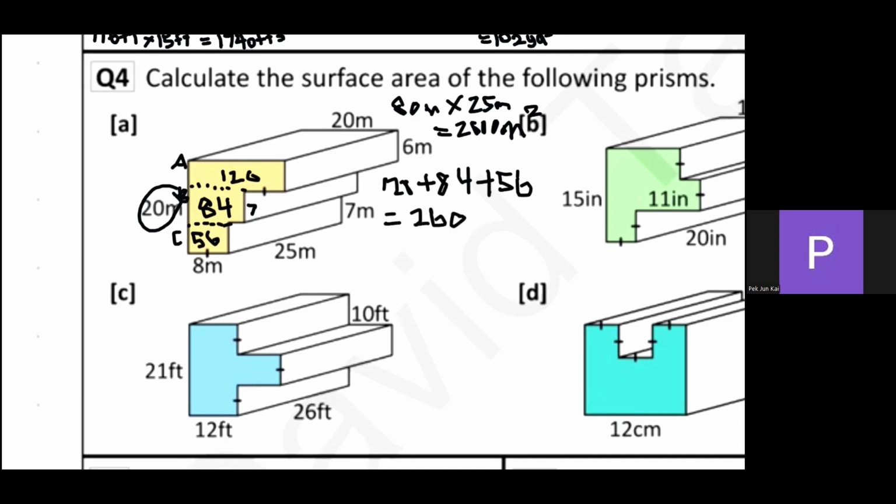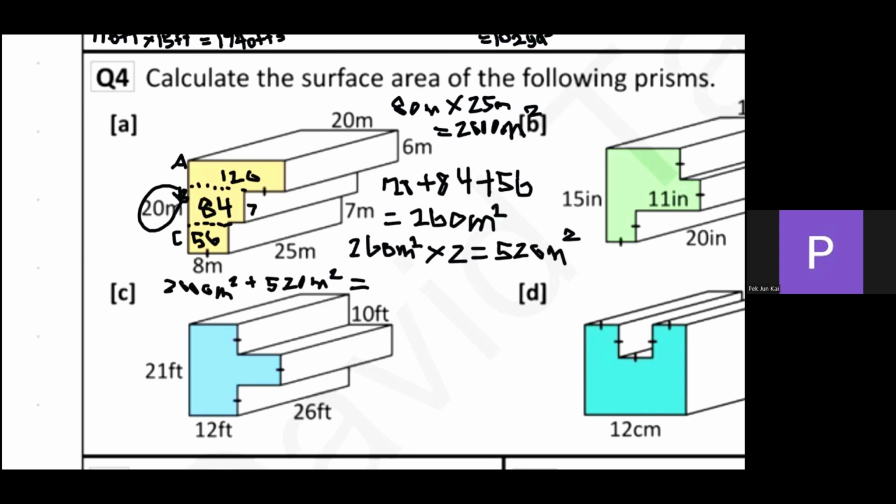And we take 260 meters square times 2, we get 520 meter square. So per the formula, 2,000 meter square plus 520 meter square, we would get 2,520 meter square.